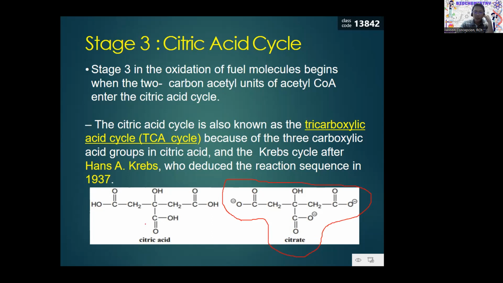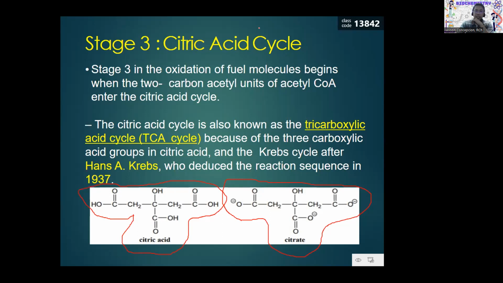And when this citrate reacts with enough water and enough hydrogen, it will create citric acid. Okay? So ito yung citric acid. Citric acid is also present in citrus fruits, like lemon, calamansi, pomelo, dalanghita, oranges. Meron ding citric acid.